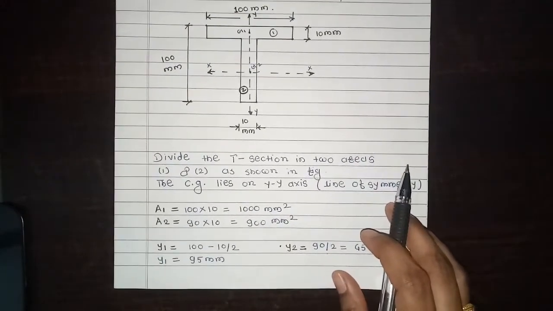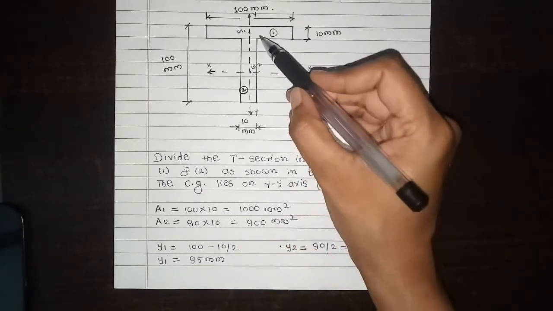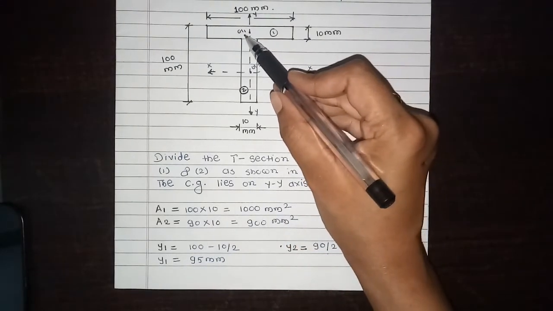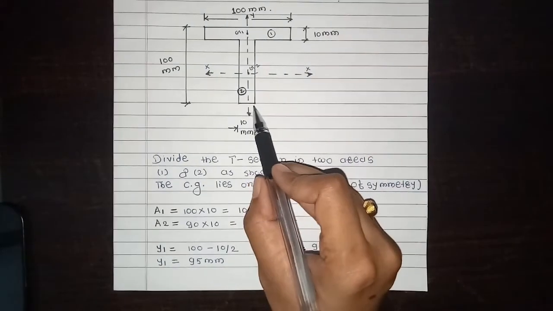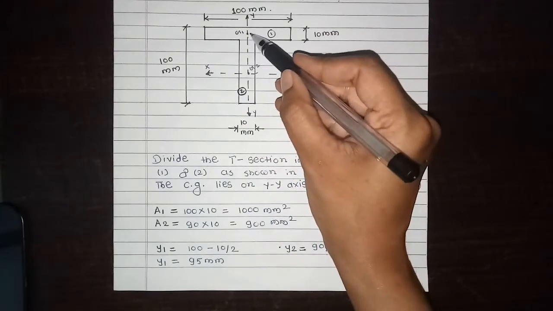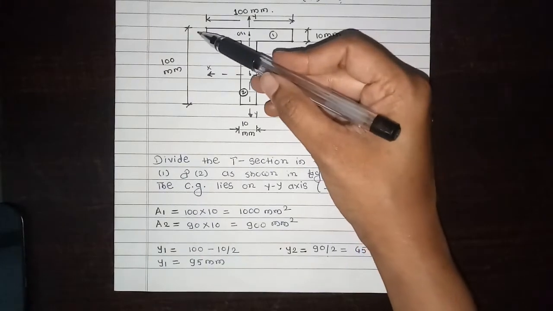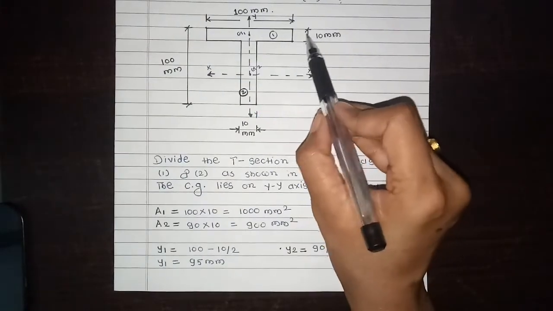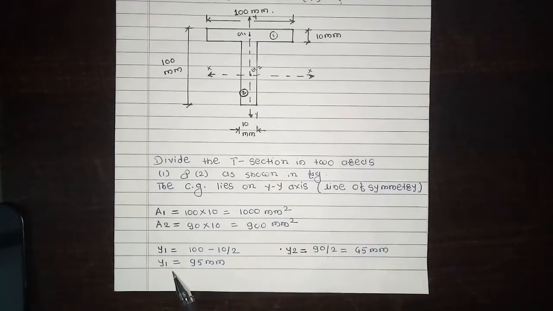Then calculate y1 and y2 bar. So how to calculate y1 and y2 bar? Y1 is the distance between center of gravity G1 and this base. This is the y1, G1 to this base. So total 100 minus 10 divided by 2, then we get y1 is equal to 95 mm.